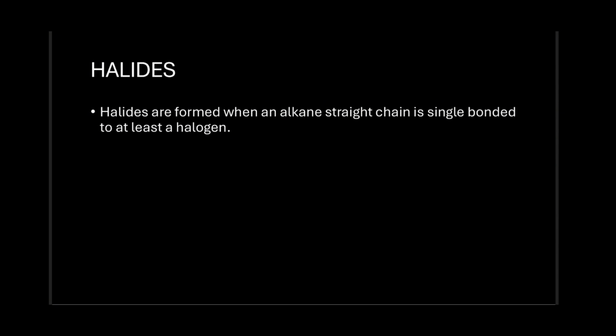We have halides. Halides are formed when an alkane straight chain is single bonded to at least a halogen. So we know our halogens. We have fluorine, we have chlorine, we have bromine, and iodine.